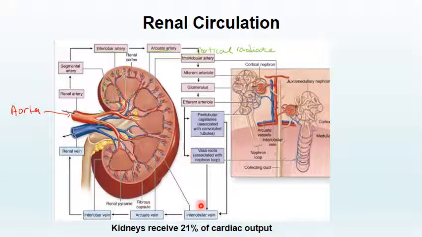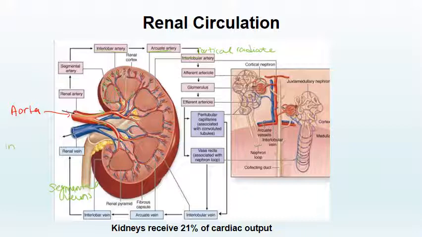So then from that second capillary bed, we are going to dump our blood back into our cortical radiate veins. Again, you should cross this interlobular off and change that to cortical radiate. Cortical radiate veins are going to then pool into arcuate, arcuate into interlobar, and if you wanted to, for the sake of consistency, you could add in your segmental veins down here as well.